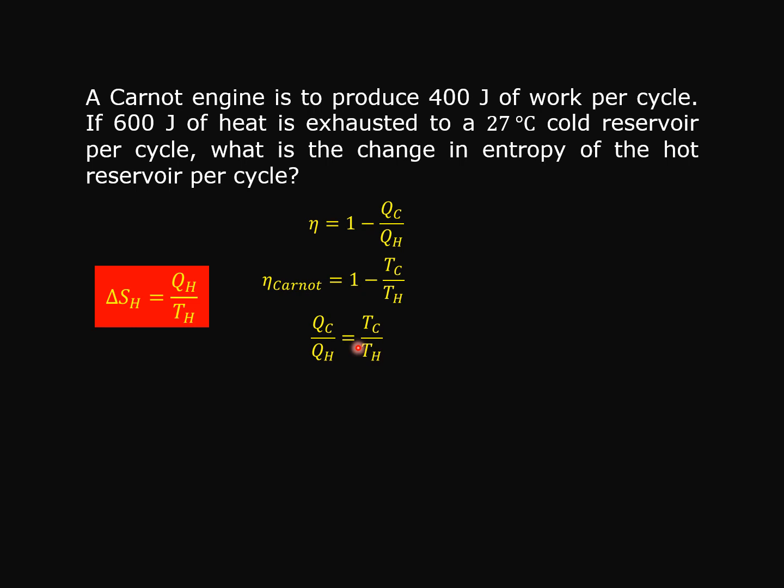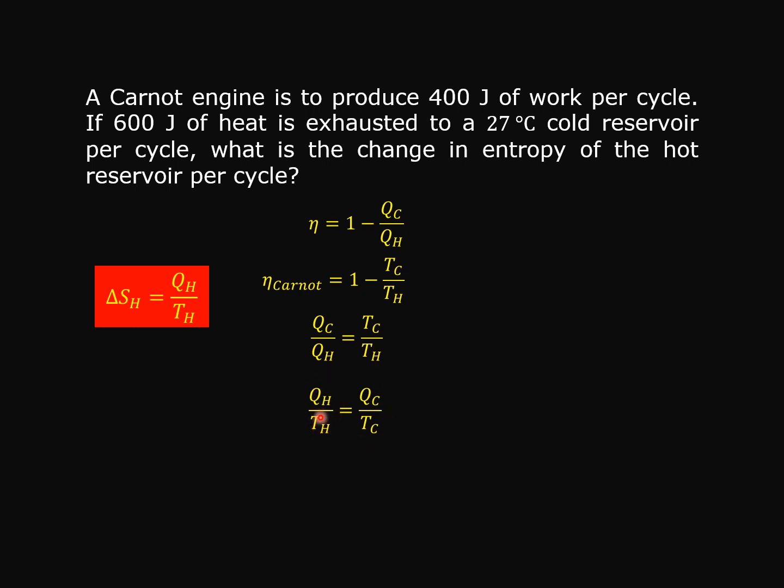That means these two values of the thermal efficiency in these two formulas should be the same for a Carnot engine. Therefore, QC over QH must be the same as TC over TH to get these two values of eta the same. And we can get now QH over TH is equal to QC over TC.